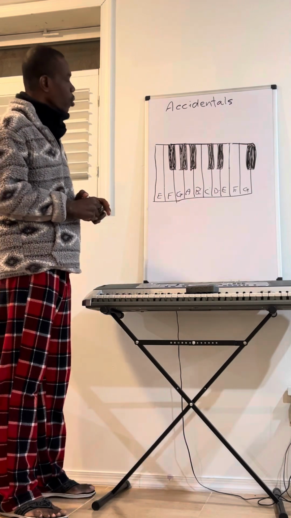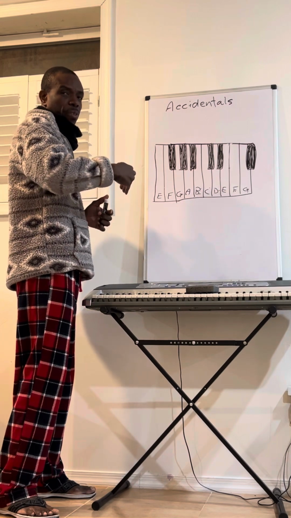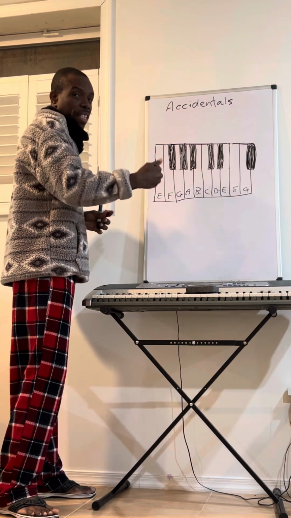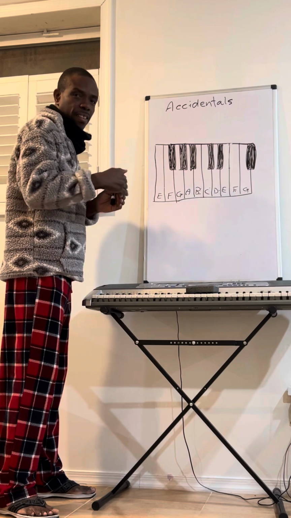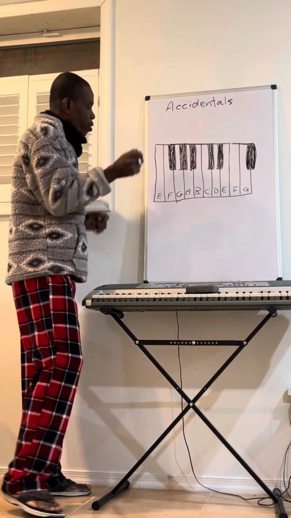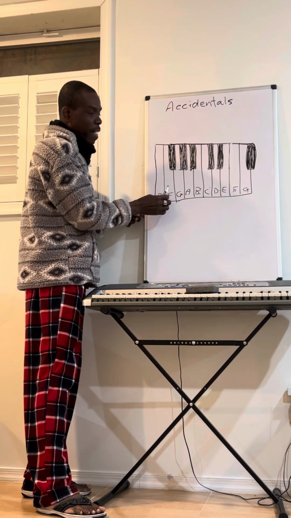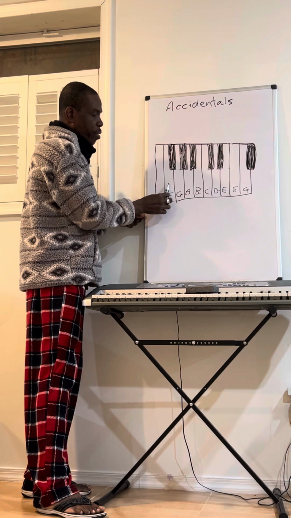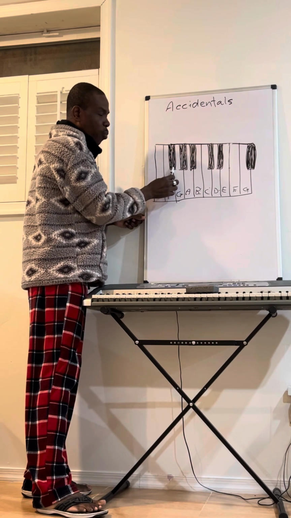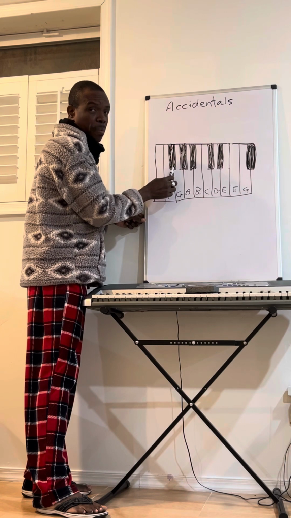Then we're going higher, so we're going to the key to your right, the very next key to your right, because that's the distance of a semitone. So this is F. If you want to raise F by a semitone, we'll take the note up one step to the nearest key, because that's what a sharp does.